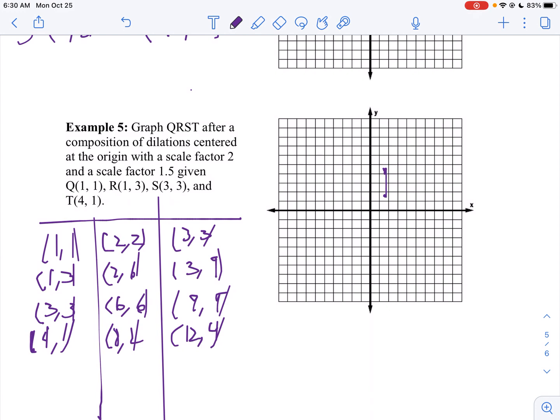And then over 9 and up 9. And then finally over 12 and up 4. So we have this trapezoid looking shape. And there's your answer.